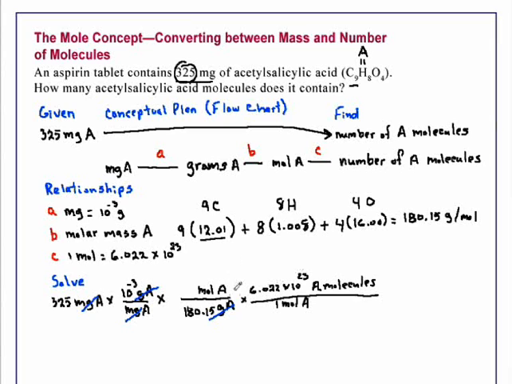So the moles of A cancel out, leaving us with molecules of A, which is what we're looking for. So this should give us the right answer, which is 1.09 times 10 to the 21 A molecules.